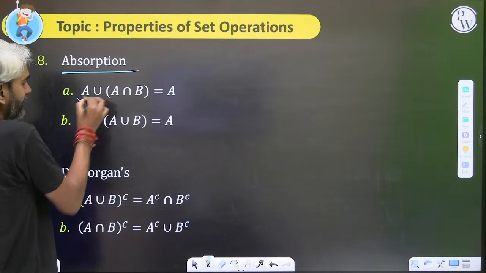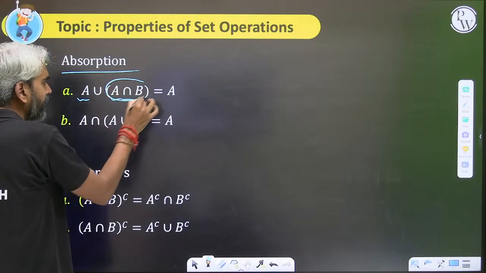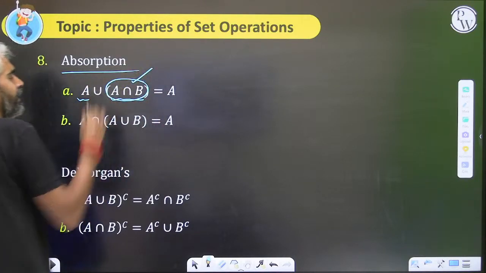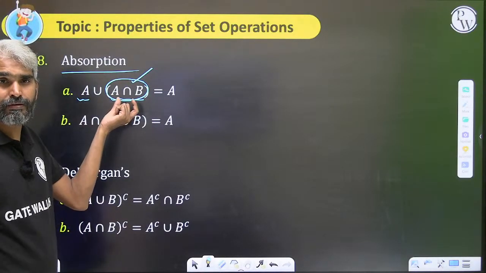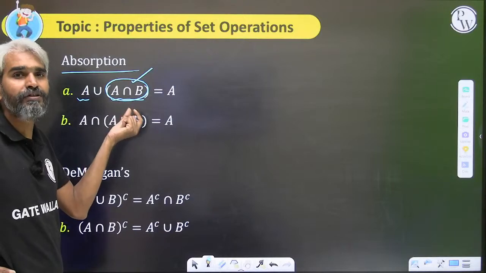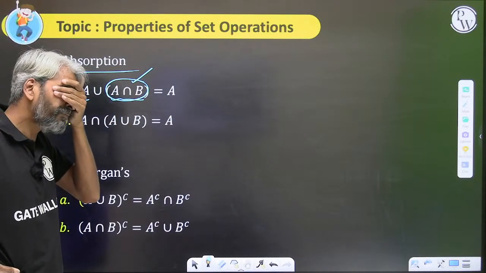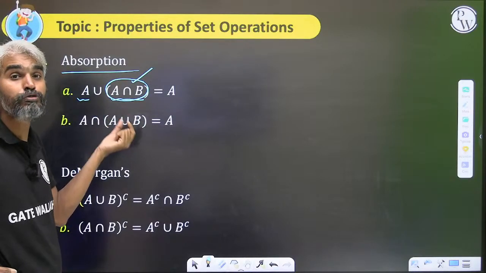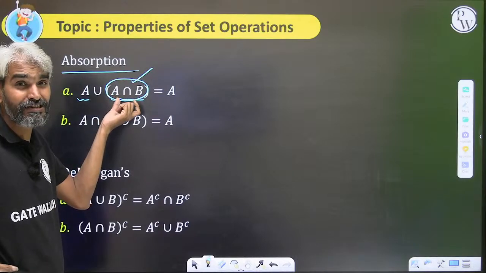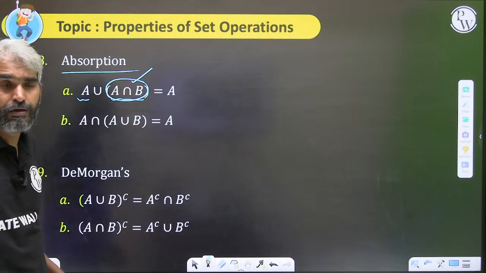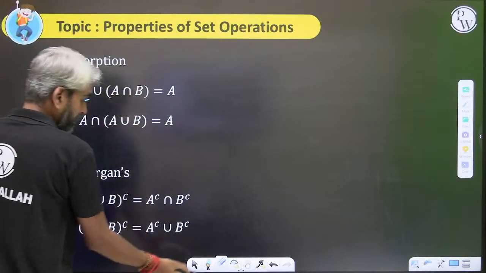So this is your set A, and this is A intersection B. My question is, whatever is present in A intersection B cannot have any extra element apart from the elements of set A, because the elements present in A intersection B are the elements common to A and B. That means all the elements present in A intersection B are also present in set A.